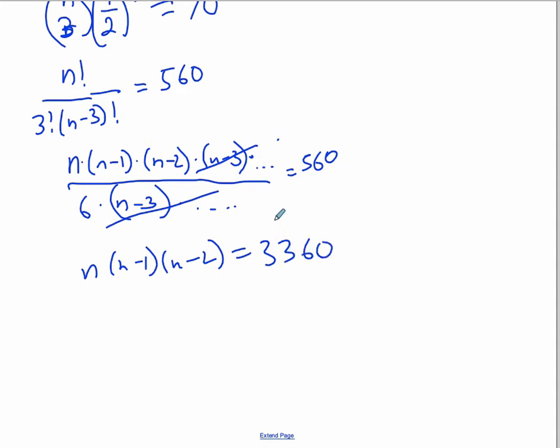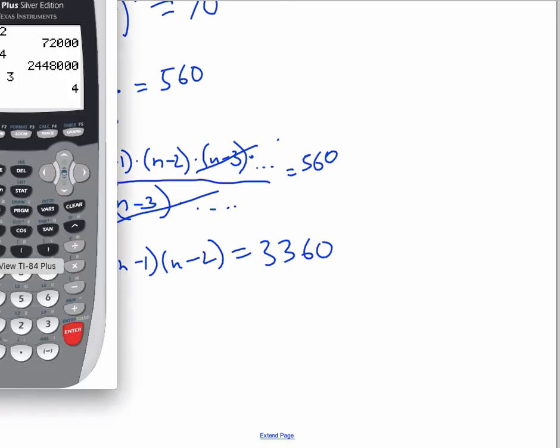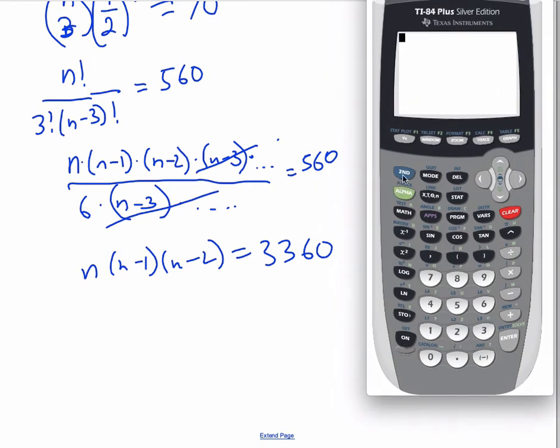This is cubic, so it's going to be a little bit hard to do by hand. We can solve on the calculator by graphing. So on the TI-84, we can go to y equals and type in the function here. I've got it typed in, x times (x minus 1) times (x minus 2), and 3,360. Then you can go to Window.